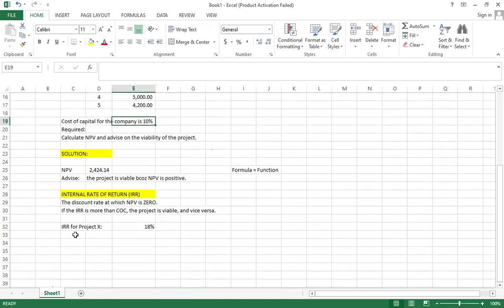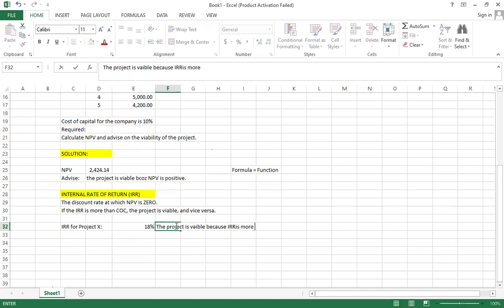And if that is the case, we can then conclude that the project is what? The project is viable, because IRR is more than the COC, the cost of capital. In the vice versa, where the internal rate of return is less, then of course the project is not viable.